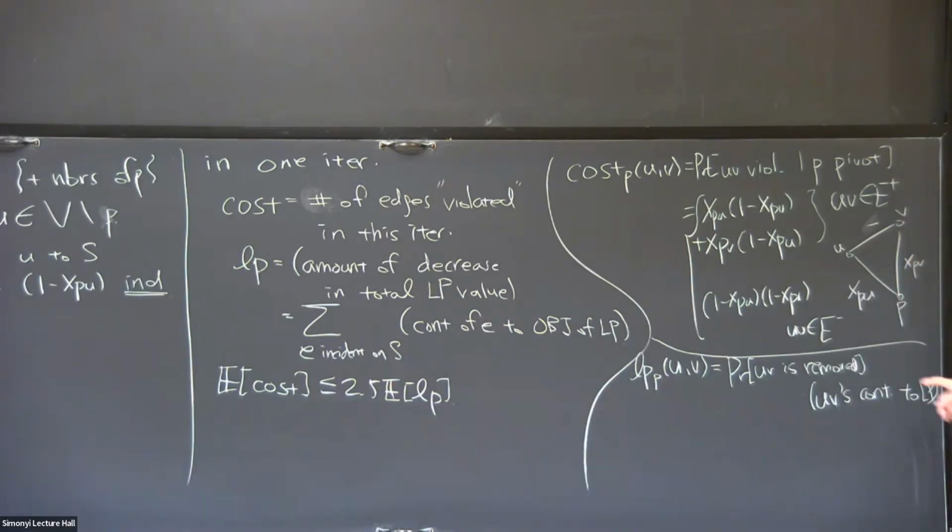So the probability that UV is removed times how much it paid to the objective function.